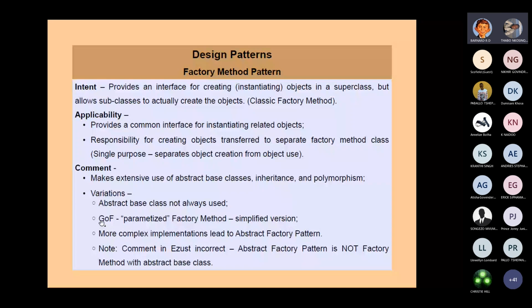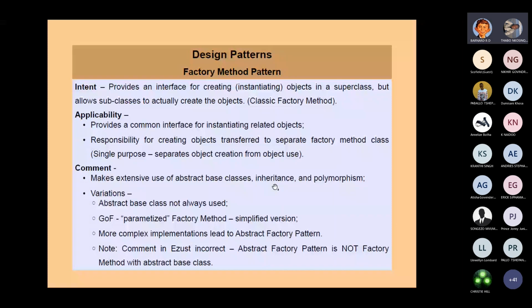Then some comments, and this refers to the classic factory method. It makes extensive use of abstract base classes, inheritance, and polymorphism. So the parameterized factory method that we're going to use doesn't really use the abstract base classes, but we do use inheritance and polymorphism.